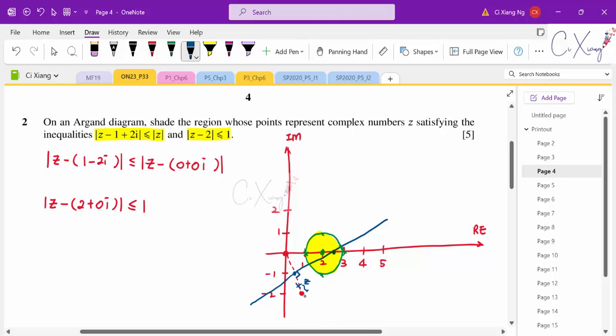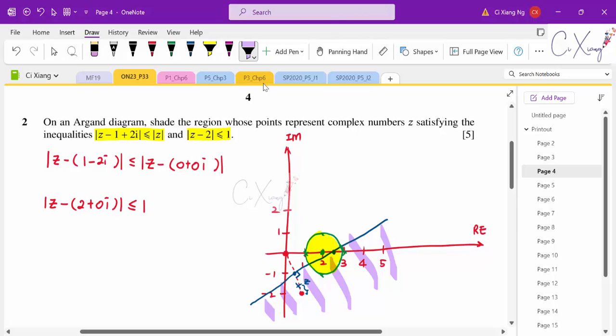So the distance from z to this point is smaller than the distance from z to (0, 0). I think it's quite obvious, right? Which means that we are going to shade the area below the whole part of the line.